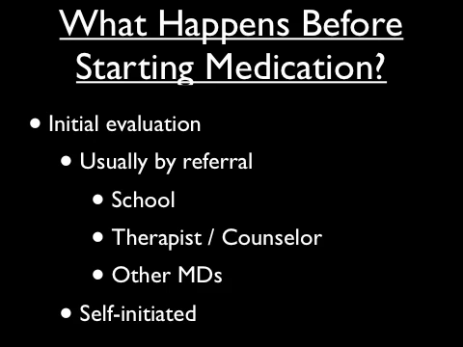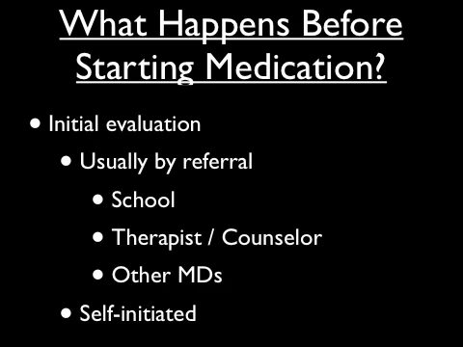Then we have the therapists and the counselors. A lot of the families go to counseling or to the therapist before they ever go to the psychiatrist. And then the therapist helps us because they start identifying that there are some issues we just cannot treat in therapy. Something else is going on. And so they're referred to the psychiatrist. Other MDs, well, we have the pediatricians.